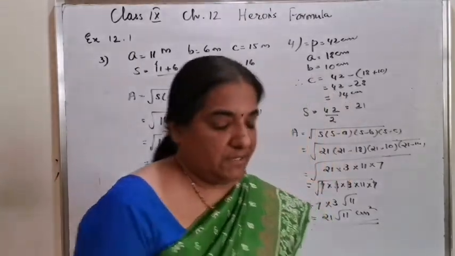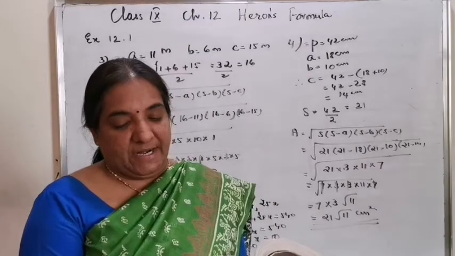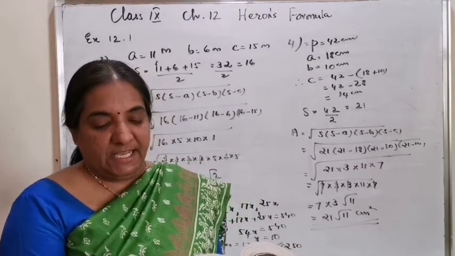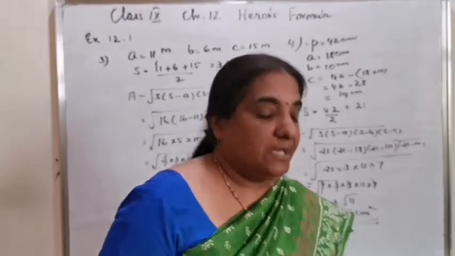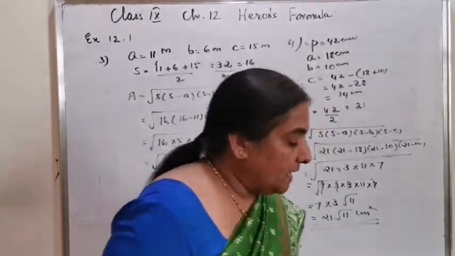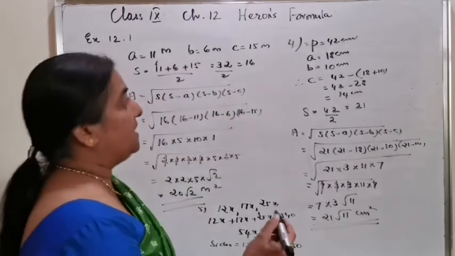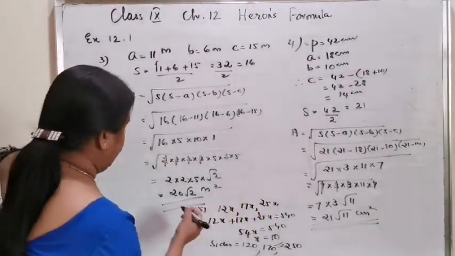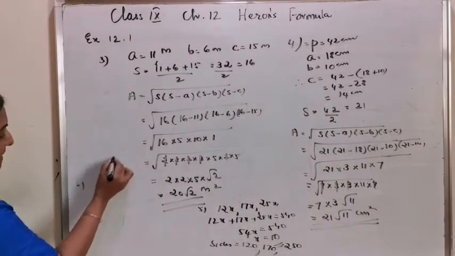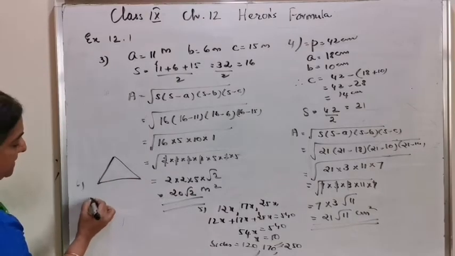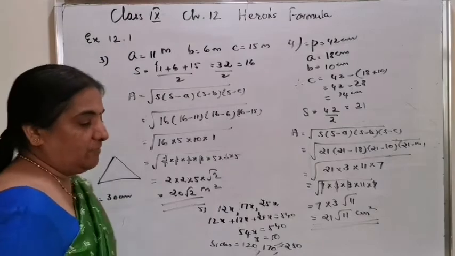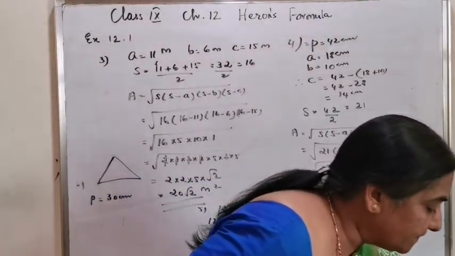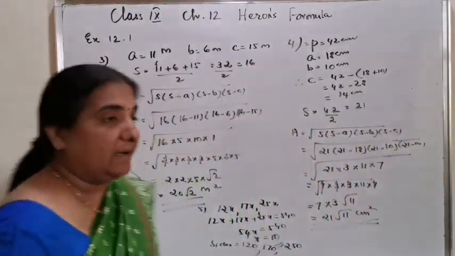The last question. An isosceles triangle has a perimeter 30 and each of its equal sides is 12. That was an easy question. Number 6, I will explain. Perimeter of the isosceles triangle is given as 30 centimeter and one of the equal sides is 12 centimeter.